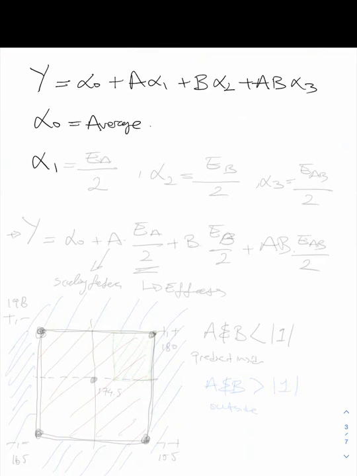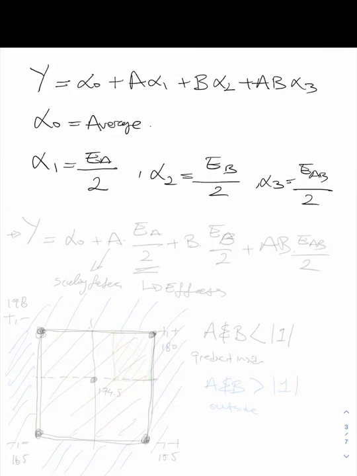Alpha 1 is the effect of A divided by 2. Alpha 2 is the effect of B divided by 2. And alpha 3 is the effect of AB divided by 2.